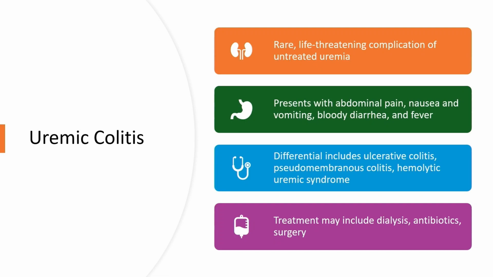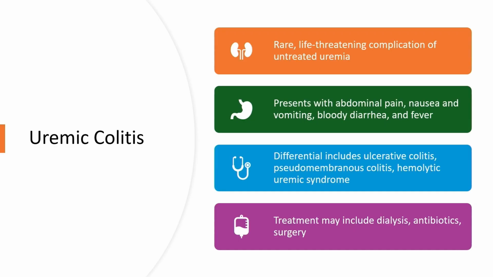But in that situation where someone does have untreated uremia, it would be really important to have an index of suspicion for uremic colitis. It presents with abdominal pain, nausea, vomiting, bloody diarrhea, fever, and the colonoscopy would show ulcers and pseudomembranes.